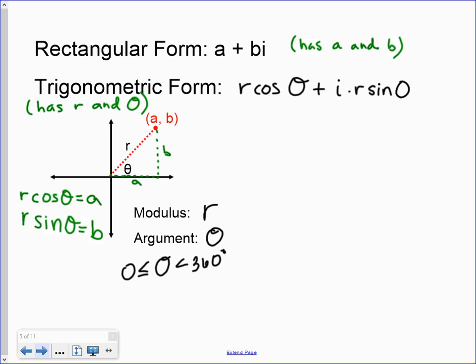Now, it does not matter if you write it R sine theta times I. I just write it I times R sine theta. So either way would be the same. That's trigonometric form. Star, circle, highlight, box, whatever you want to do right there.